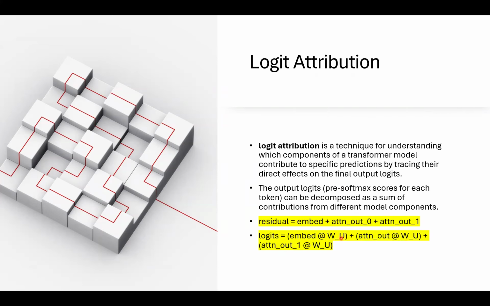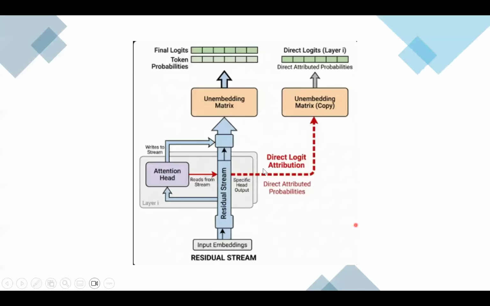And then you can generate the probability distribution and see which of these components had the higher probability, like higher association with the output predicted token. And then we can trace the path using that. So there always exists a direct path.